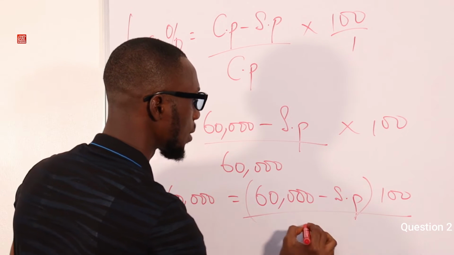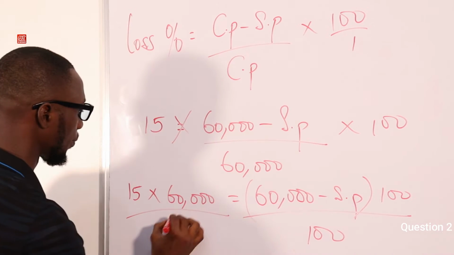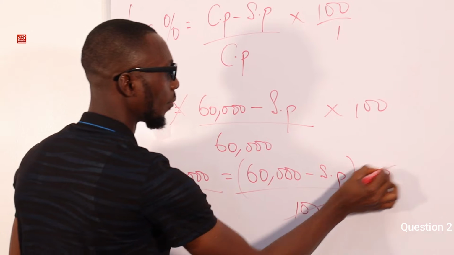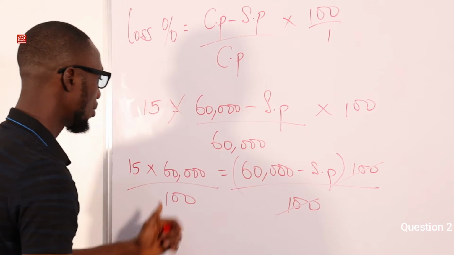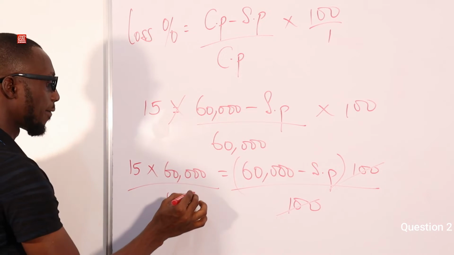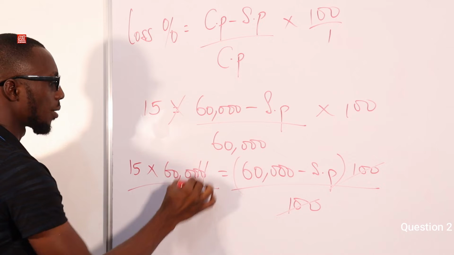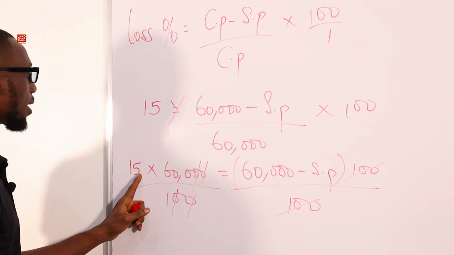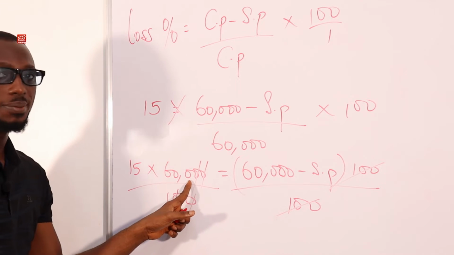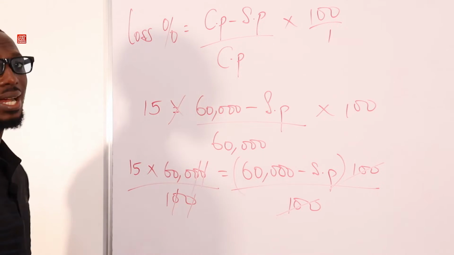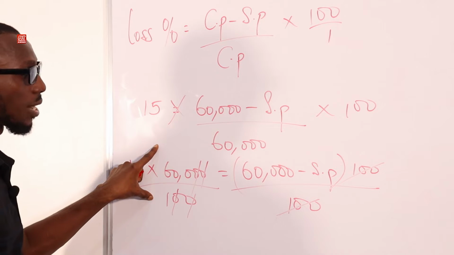So I can divide both sides by 100. On the left hand side we have 0 strikes out 0, 0 strikes out 0. So what I have left here is 15 times 600, which should give us 9,000.